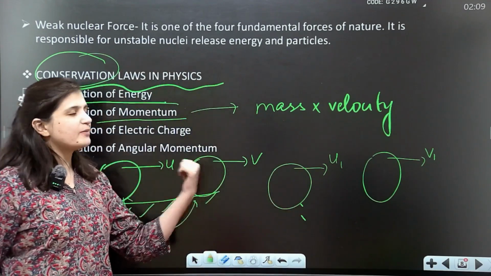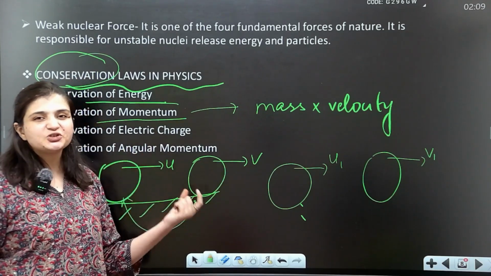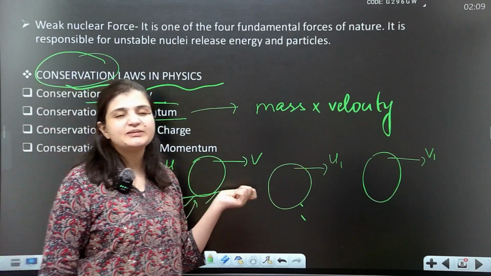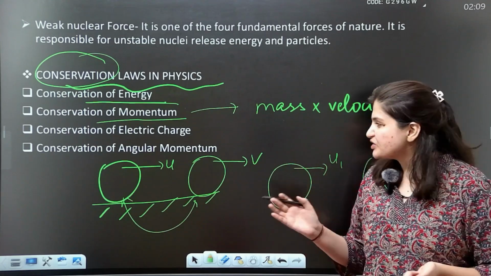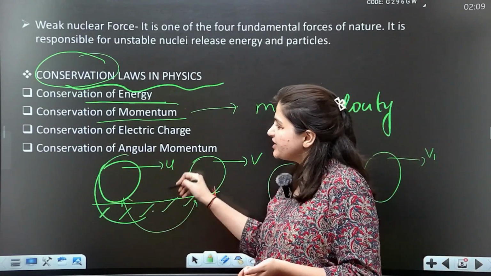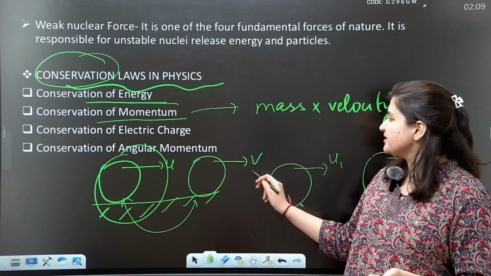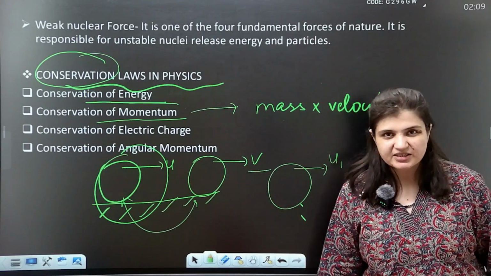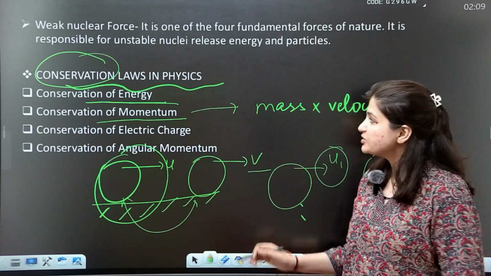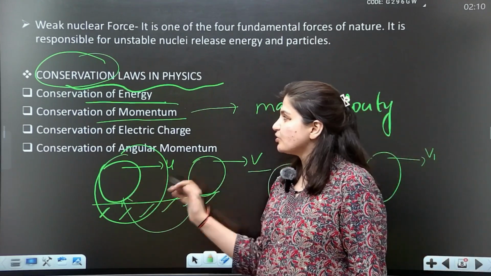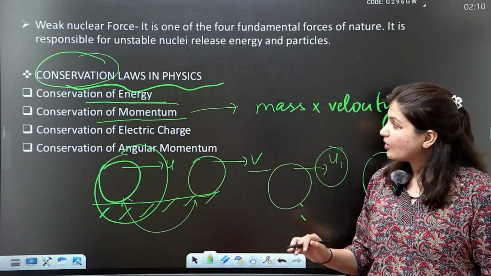If these two objects are to collide, the first object has to be at higher speed so that it can collide with the second. So after collision the velocities are u1 and v1, and the energy remains constant. Then, conservation of momentum: momentum remains constant.